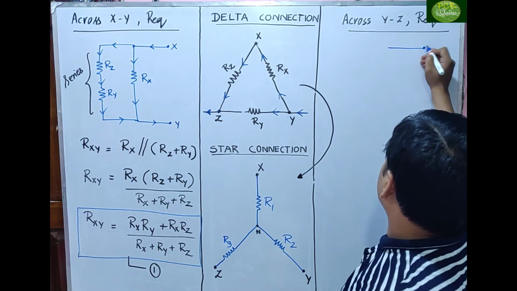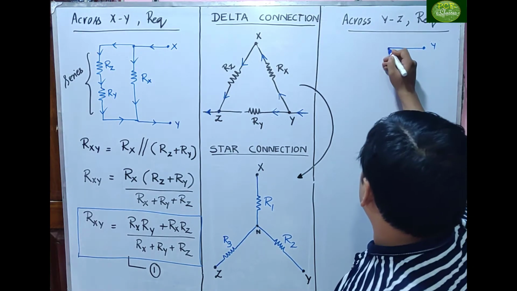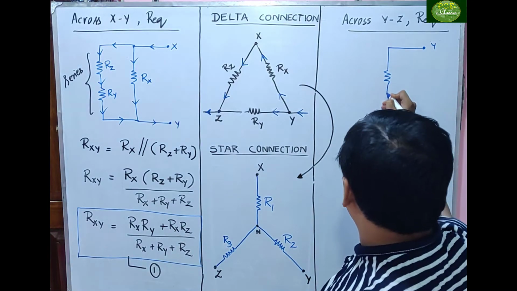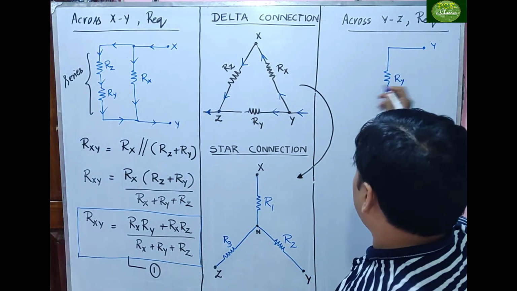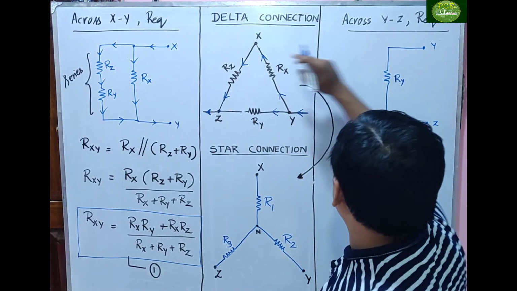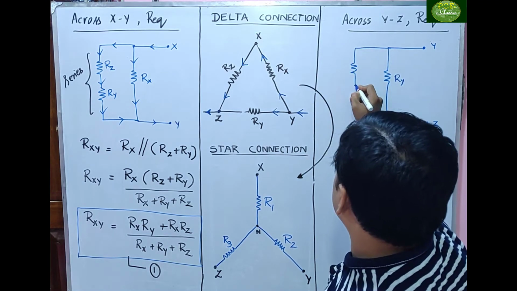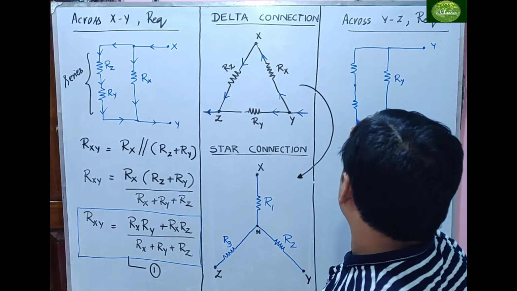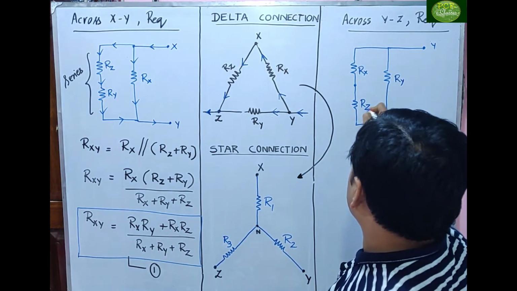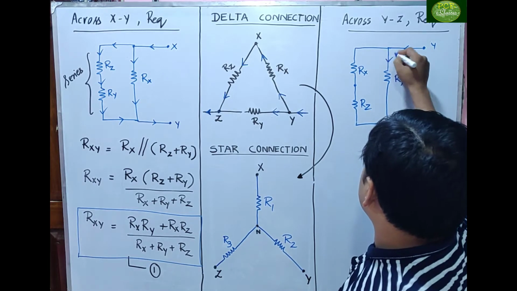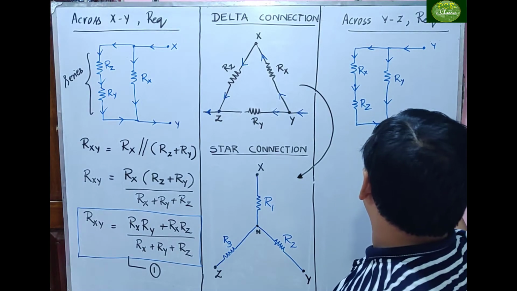This is a Y, this is a Z. From one terminal Y to Z, RY is present. Another Y to X, the Rx is present. And here Rx and this will be RZ. Here the current starts, current divides and so on.